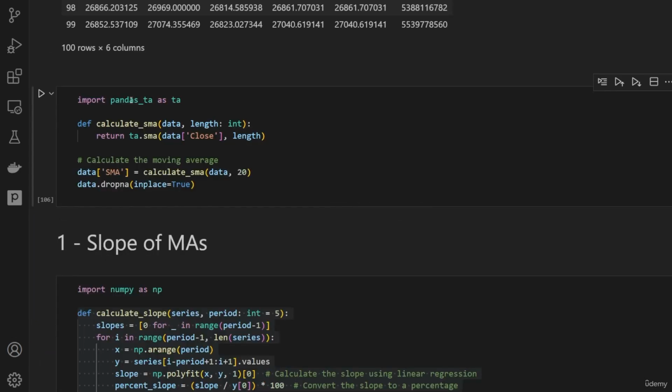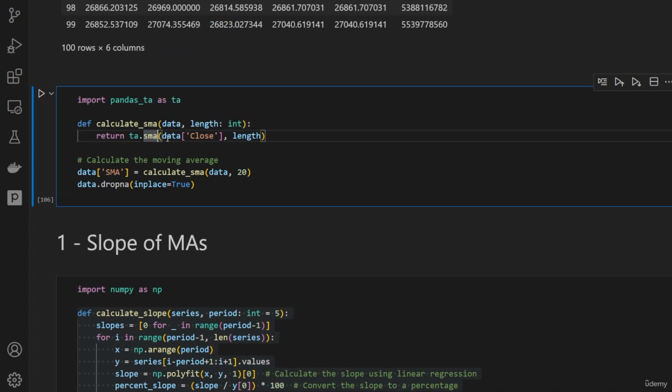Now we can import the pandas technical analysis package as ta. And I'm going to define a new function called calculate_sma, which is the simple moving average. It takes a data frame as an input and the length of the moving average that we want to use for the calculation. Then we're going to return ta.sma, which is a function from the technical analysis package.